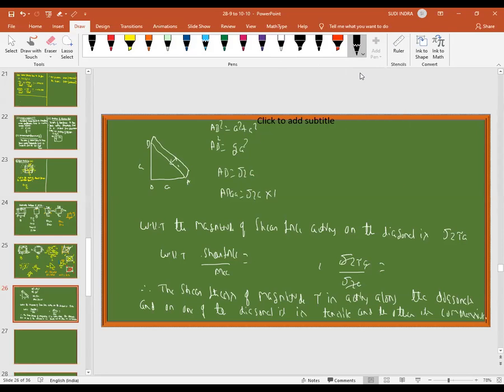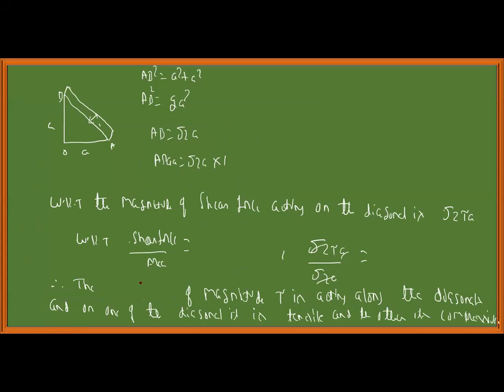Right. Give me a moment. Okay. Shear stress by area. This is the normal stress.